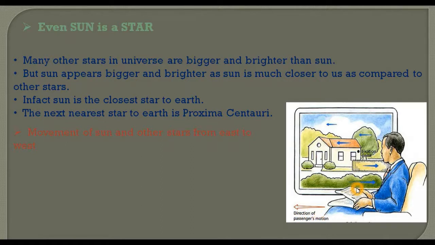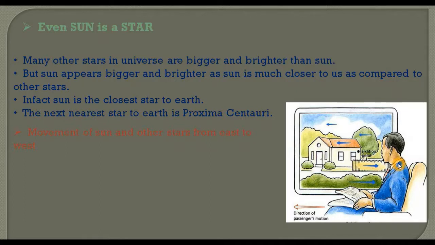But when this person looks outside the window, it seems that the objects are moving at very high speed in the opposite direction, that means from left to right. It might have happened to you also whenever you are traveling in a bus or train moving at very high speed. It seems as if the things outside are moving in the opposite direction.